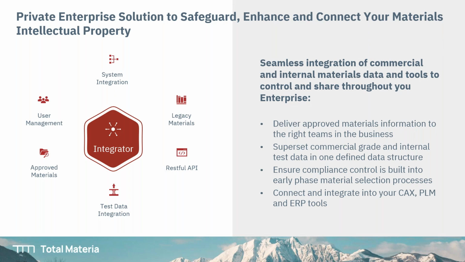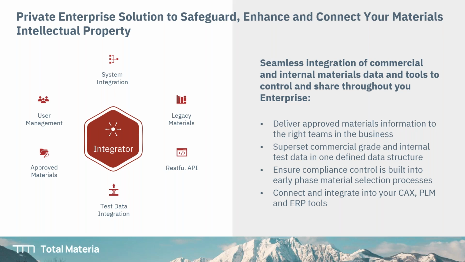And user management is very, very important. Let's say you have a material selection department that can have access to all this information, can add, can edit materials. Some of these users don't need to edit these materials. Some of them don't need to see all these materials, but only a few of them.